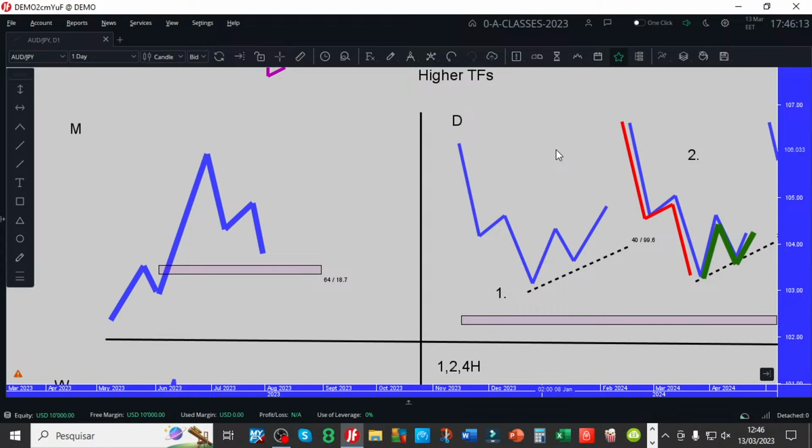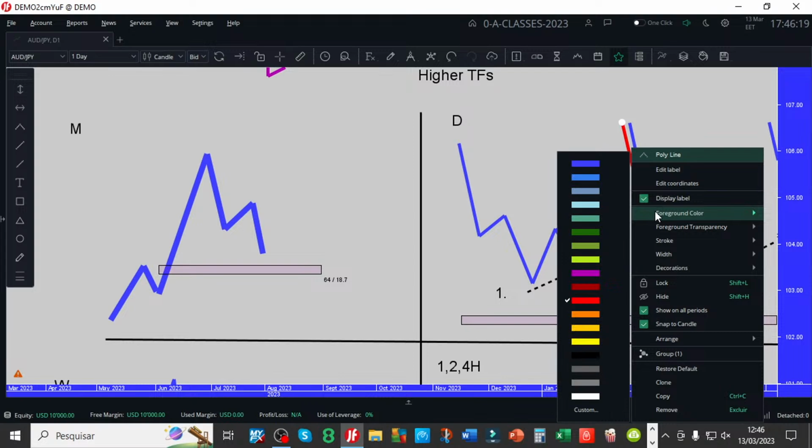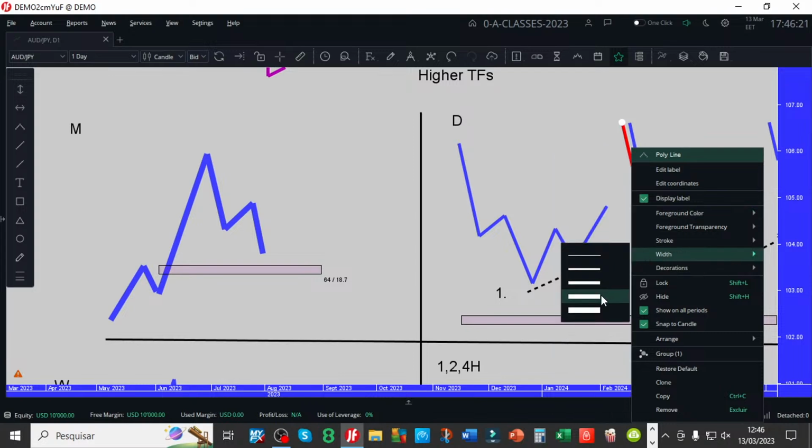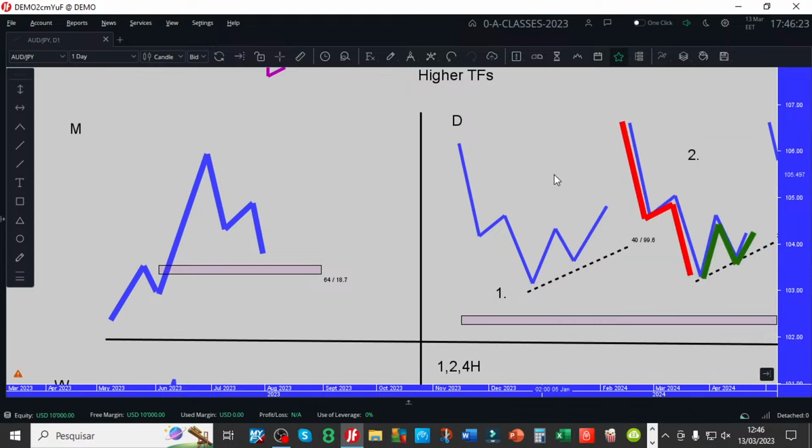Which one is winning right now? The red visual that you have, or the green visual? Which one is winning, everybody? See, this is a skill.